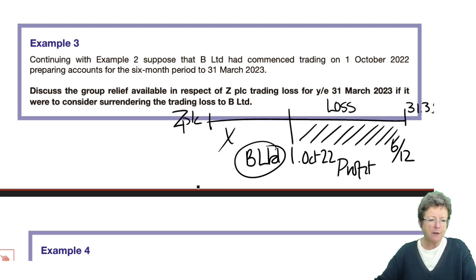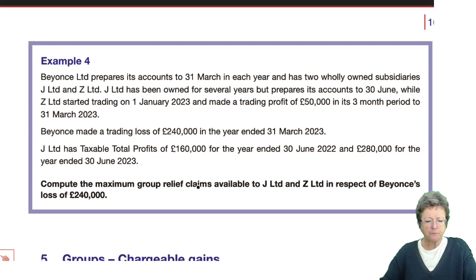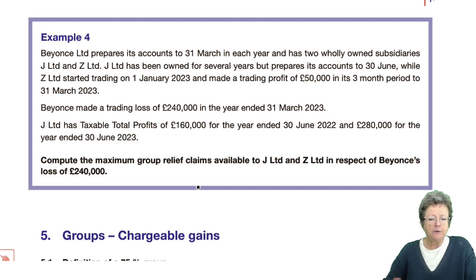Now, example number 4. Beyonce Limited prepares its accounts to the 31st of March each year and has 2 wholly owned subsidiaries, J Limited and Z Limited. J Limited has been owned for several years but prepares its accounts to the 30th of June, while Z Limited started trading on the 1st of January and made a trade profit of $50,000 in its 3-month period to the 31st of March.